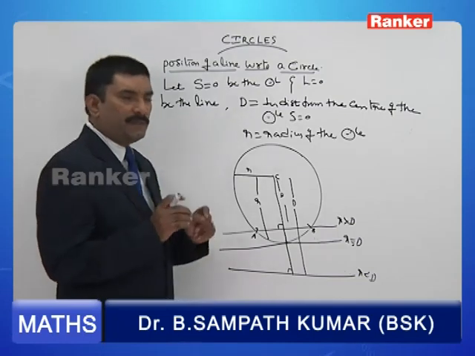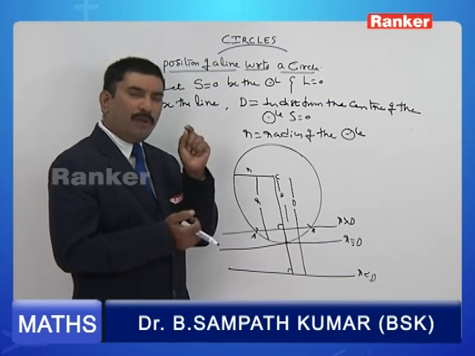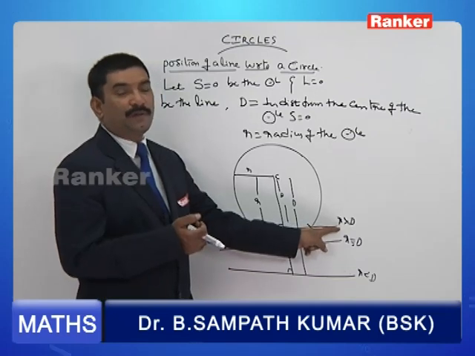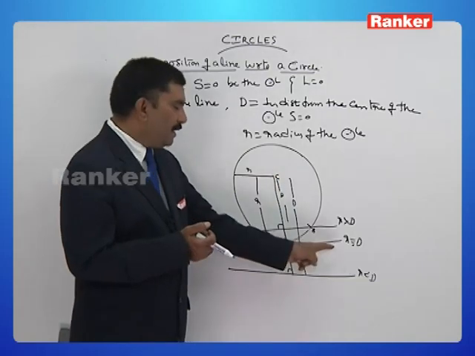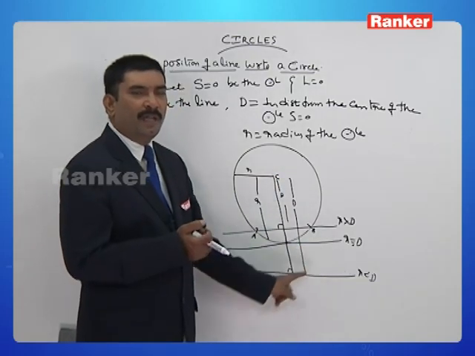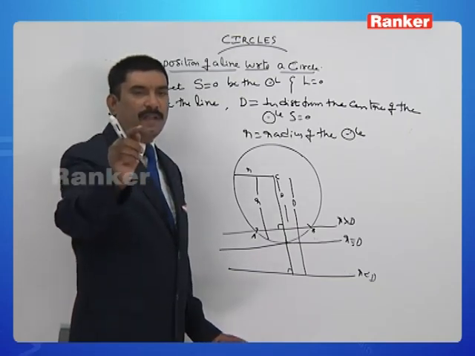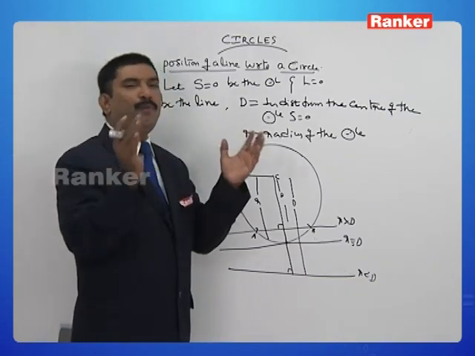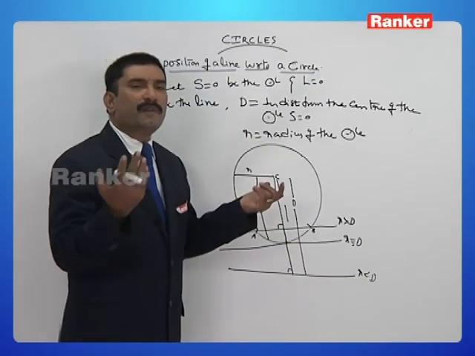To know the nature of a line and a circle, I have used one word, R greater than D. I told roots are real and distinct. Why? Wait for a minute, I will tell. Here I told roots are real and equal. I told roots are imaginary. To know the nature of a circle and a line, depending upon the given equation of a circle and a given equation of a line, convert them into either a quadratic in x or a quadratic in y by solving them.